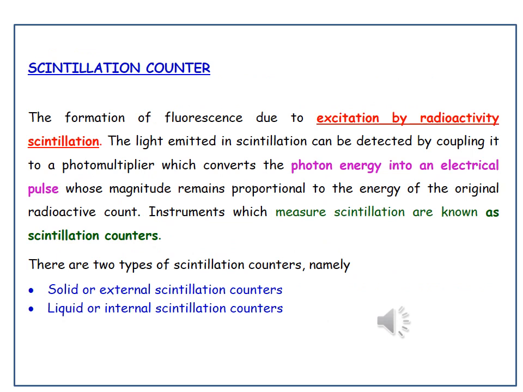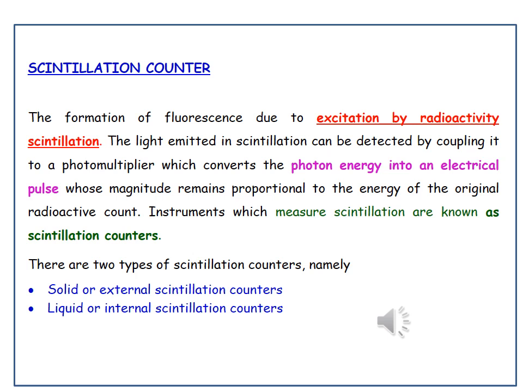Scintillation counter. The formation of fluorescence due to excitation by radioactivity is called scintillation. The light emitted in scintillation can be detected by coupling it to a photomultiplier.